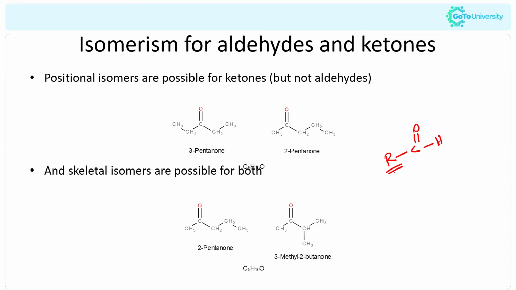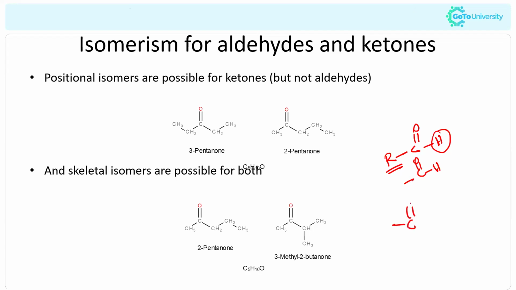The aldehyde group cannot come in between, because at that time we would have to replace the hydrogen. When you replace the hydrogen with some alkyl group, it becomes ketone. So the aldehyde group or CHO group will always come at the end of the chain.